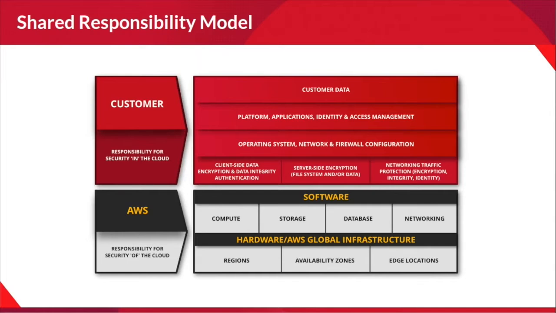I recommend tightening security as much as possible to minimize exposure to external threats that could compromise your environment. The important point to remember is that while AWS provides many powerful security controls, how and when to apply them is not AWS's responsibility.